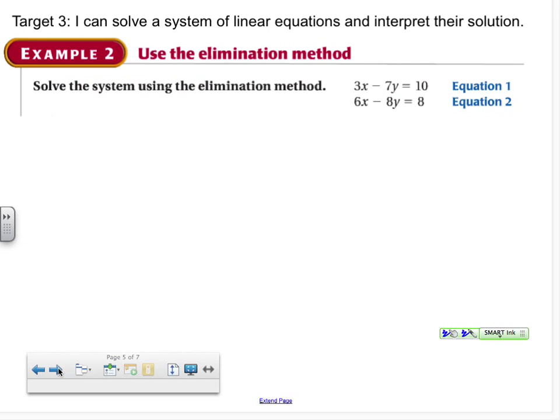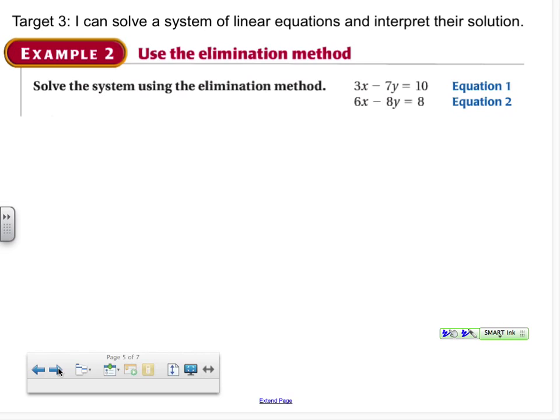All right, we have 3x minus 7y equals 10 and 6x minus 8y equals 8. As we take a look, we'll see that the x's are pretty close. I could probably have a matchup there if I doubled the first equation. That would change the 3 into 6.